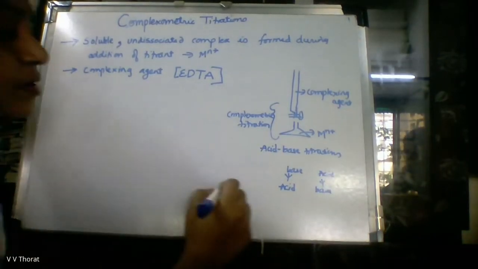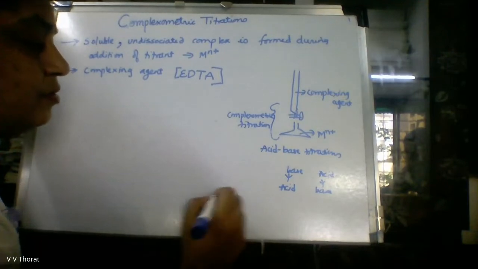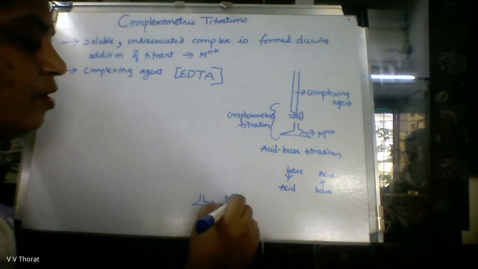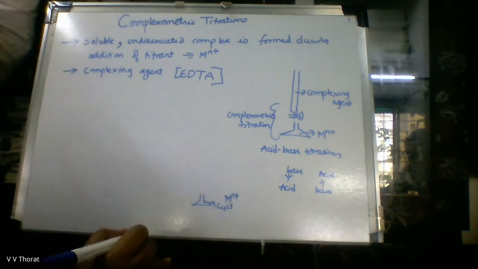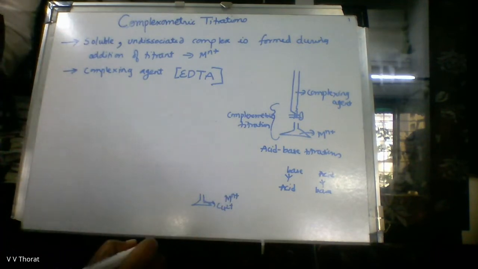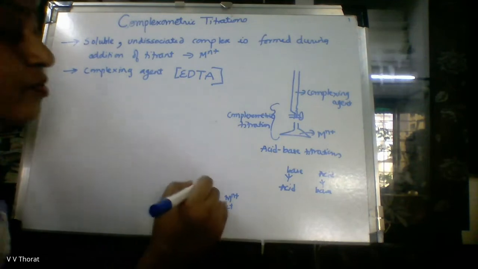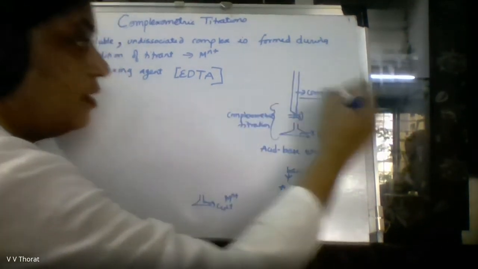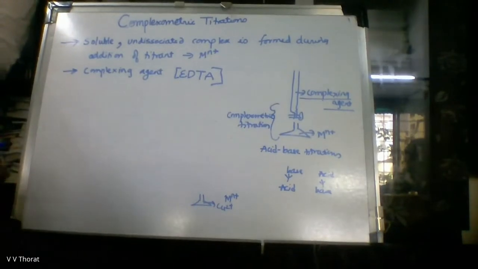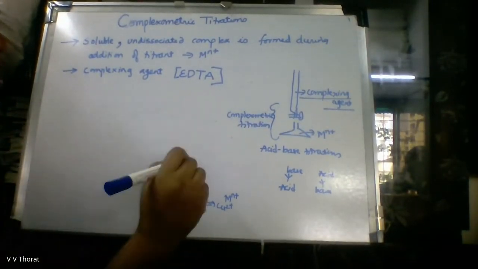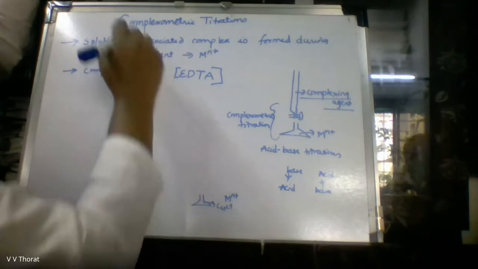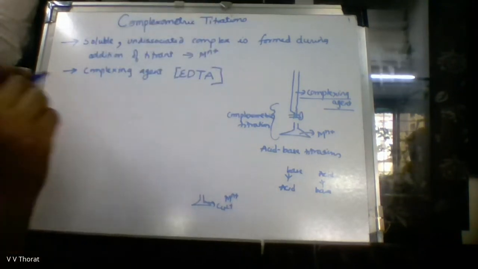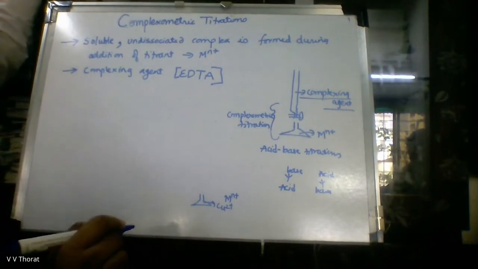But if my teacher gives me a metal ion solution, say a copper solution, how will you estimate it? You will not titrate it against an acid or a base. You will titrate it against a complexing agent. So when you titrate a metal ion against a complexing agent, the titration is called complexometric titration. I hope this is clear now.